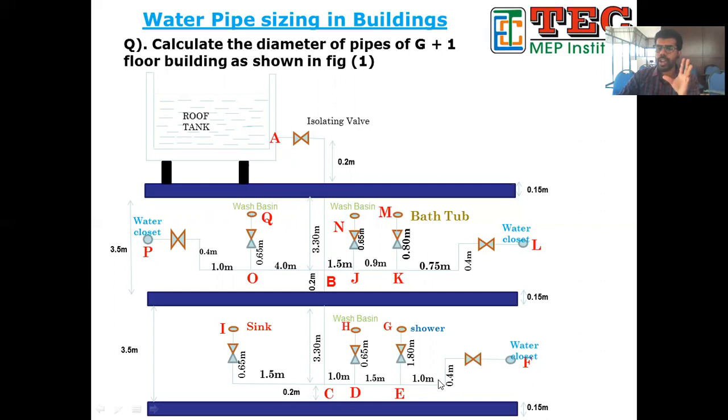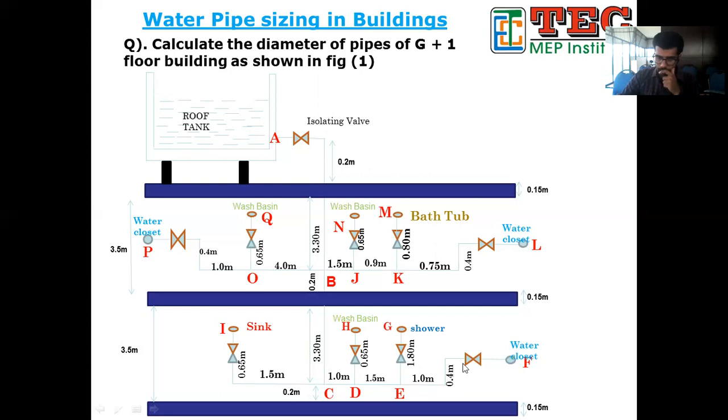For EF, I don't want to find any pipe size using any formula. Why? Because EF is this line only, the line that goes directly to the water closet. So EF should be the minimum pipe size of the water closet. You get what I am saying?